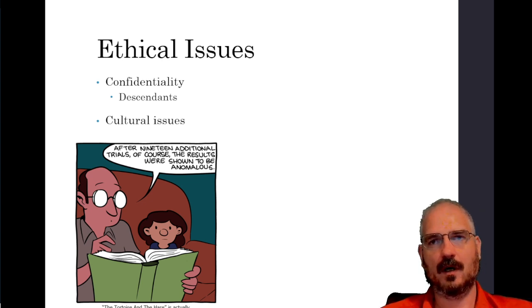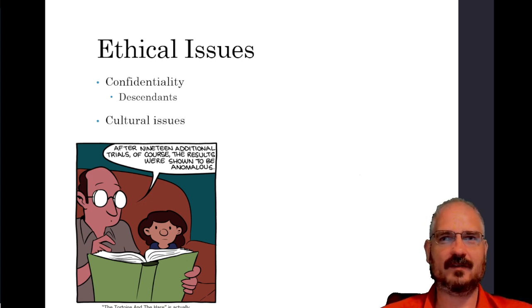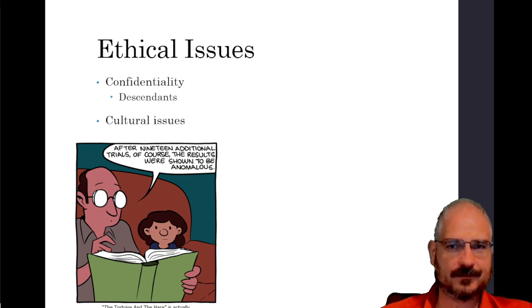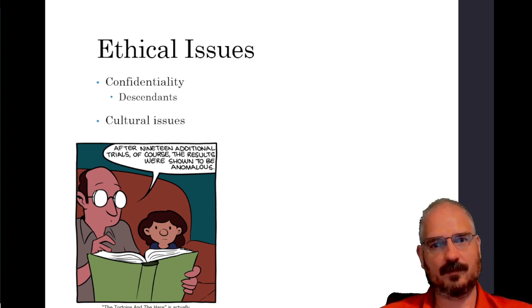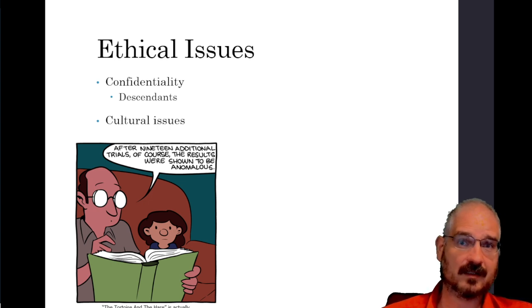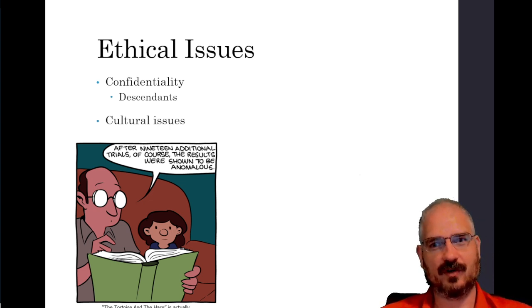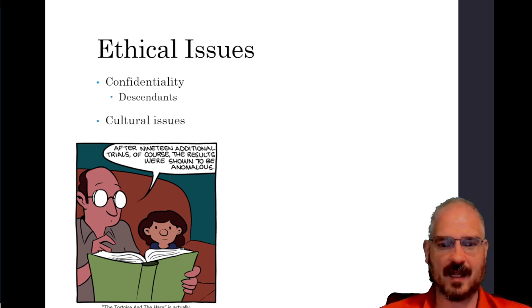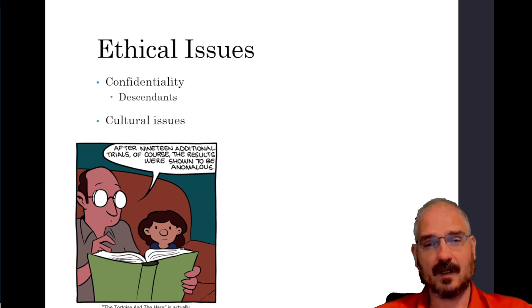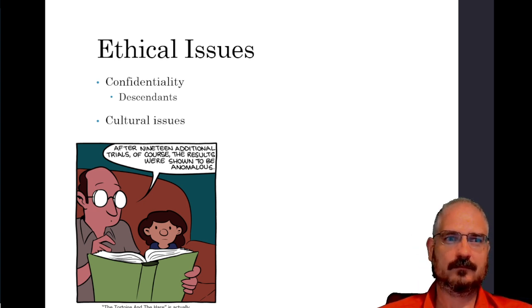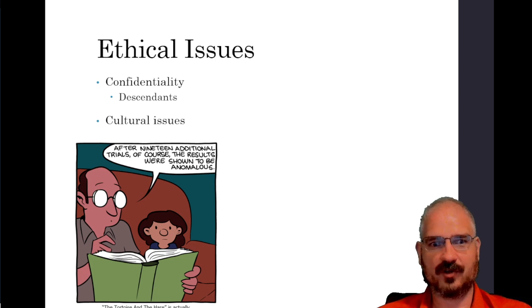So we have to be careful of things like identifying infidelity or a birth with a parent of one race and another parent of a different race. Because in some cultures, these are seen very differently than they are, say, in our culture, right? Some cultures see things more harshly than others.